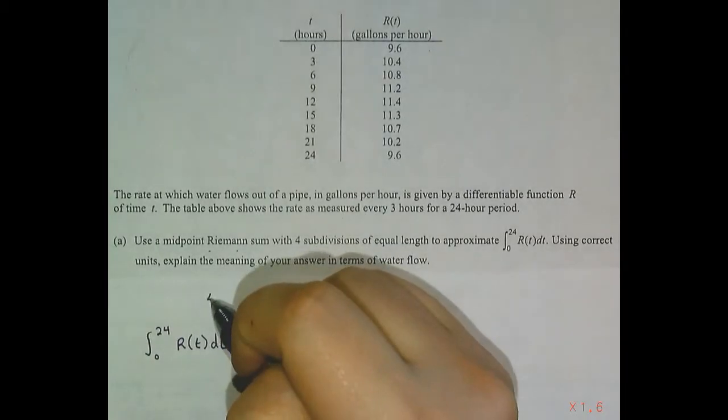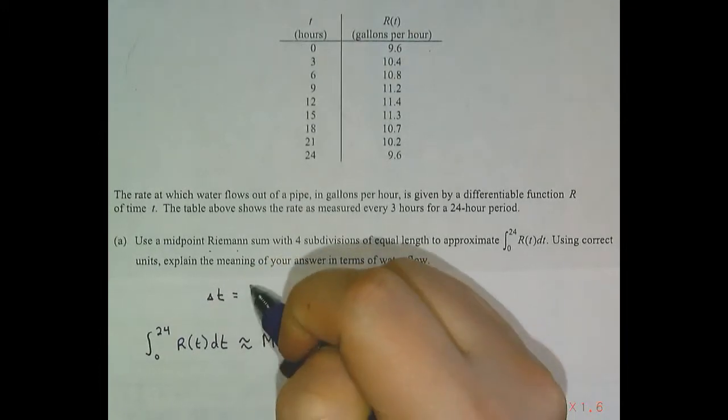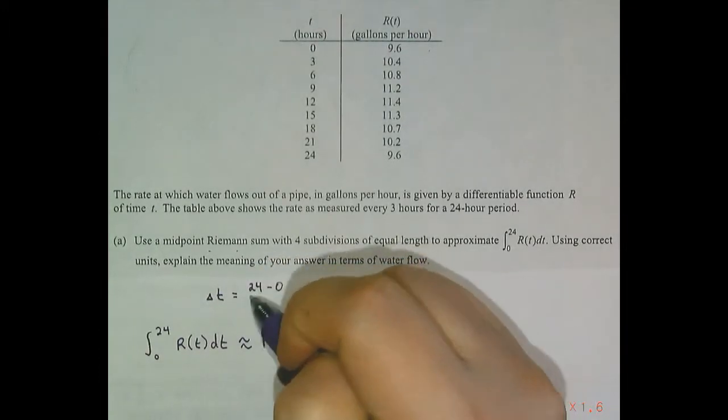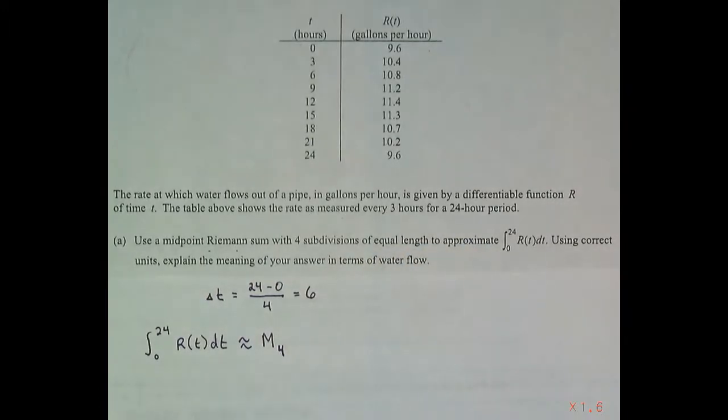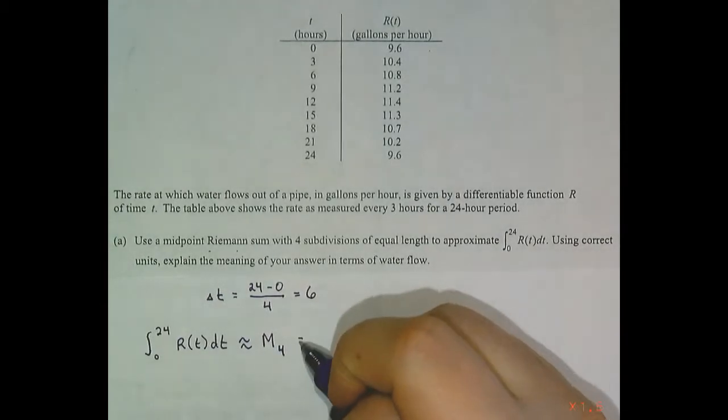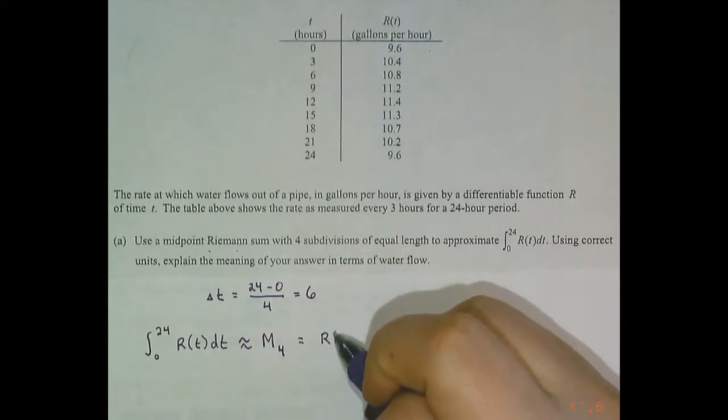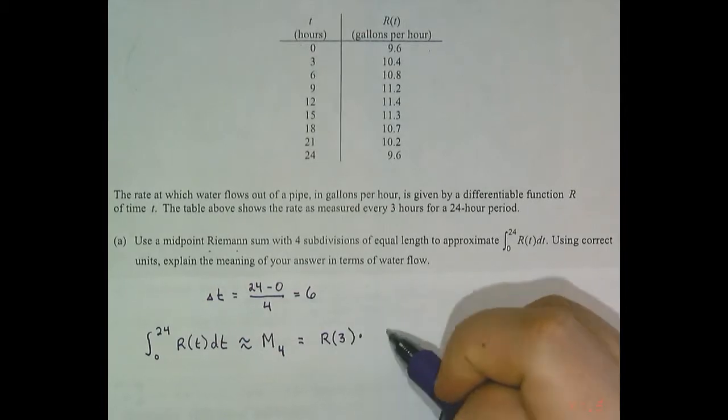So if we look at our delta t, b minus a over n, we see that our delta t is every 6 hours. And we want to use the midpoint Riemann sum for that, so the interval 0 to 6 is going to have a midpoint of r of 3 times our delta t.